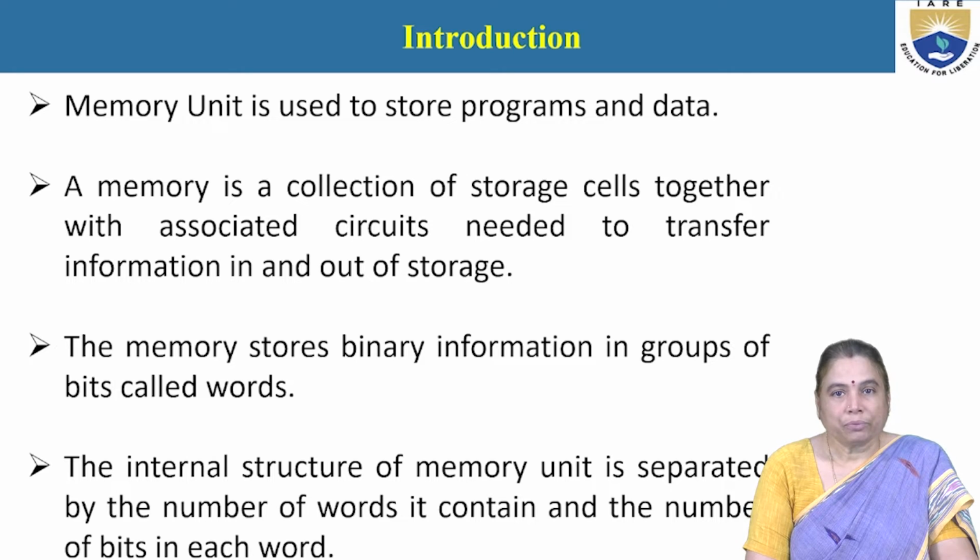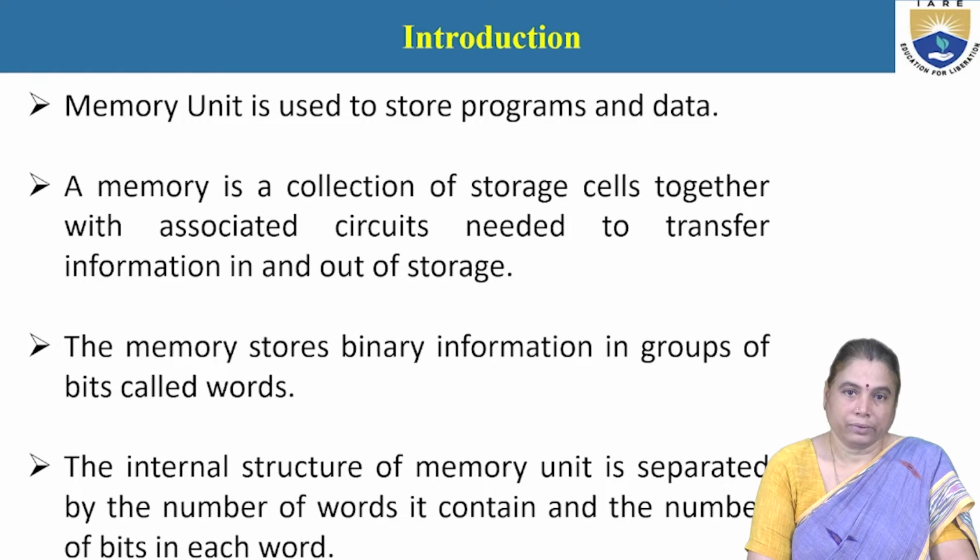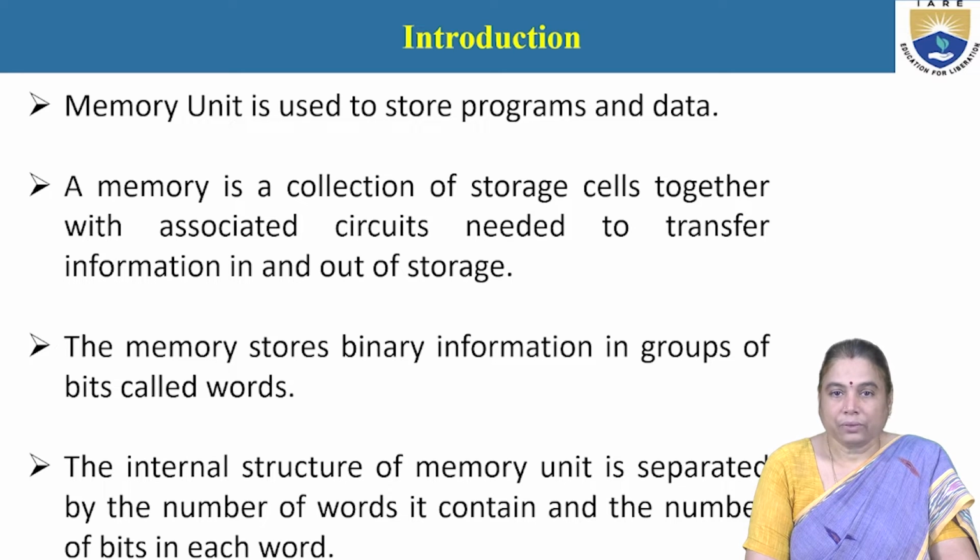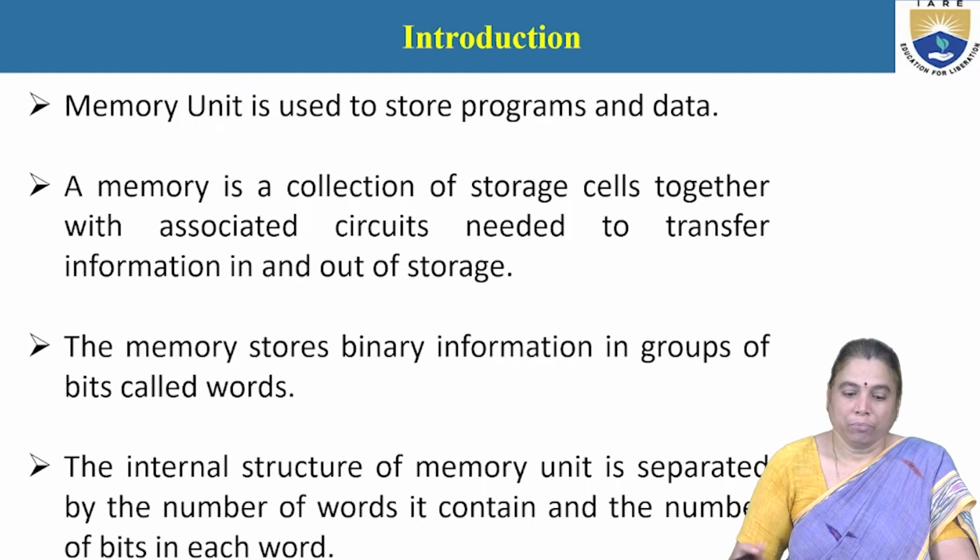The memory stores binary information in groups of bits called words. The internal structure of the memory unit is specified by the number of words it contains and the number of bits in each word. So the storage capacity is decided by the address space, and how many bits represent a word determines the storage capacity of the memory.